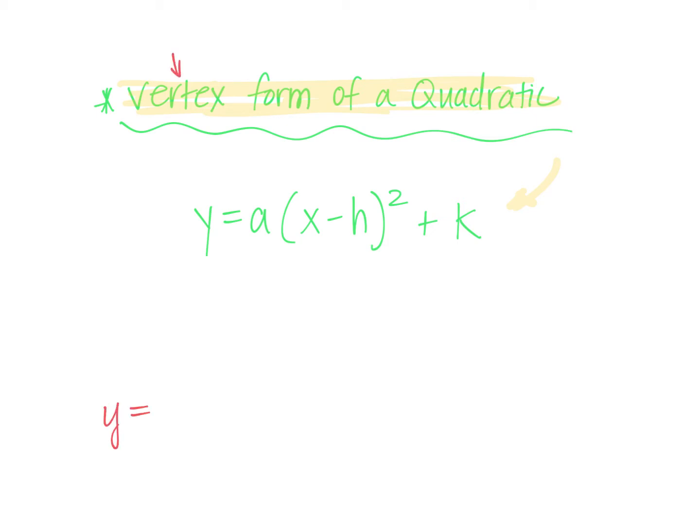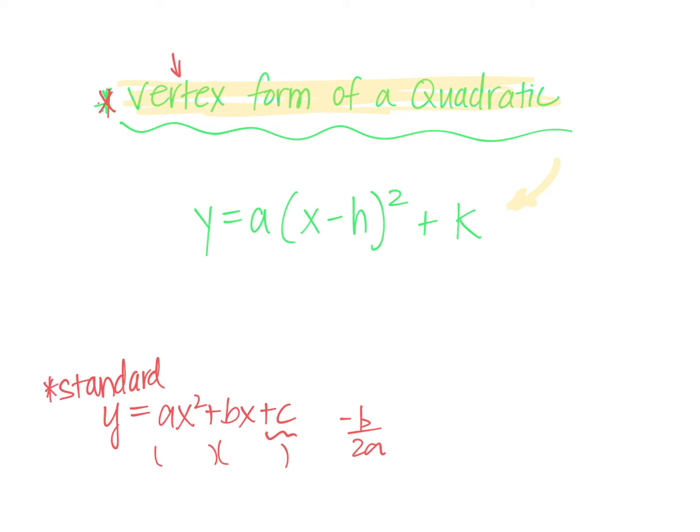We know standard form looks like this, ax squared plus bx plus c. We learned that already. That can be helpful to find the y-intercept, because I can quickly be like, hey, there's the y-intercept. I could also factor it to find the x-intercepts. I can find the axis of symmetry, negative b over 2a, so I can kind of use standard form for a lot of things. But this is called vertex form, and it's super helpful in finding the vertex.